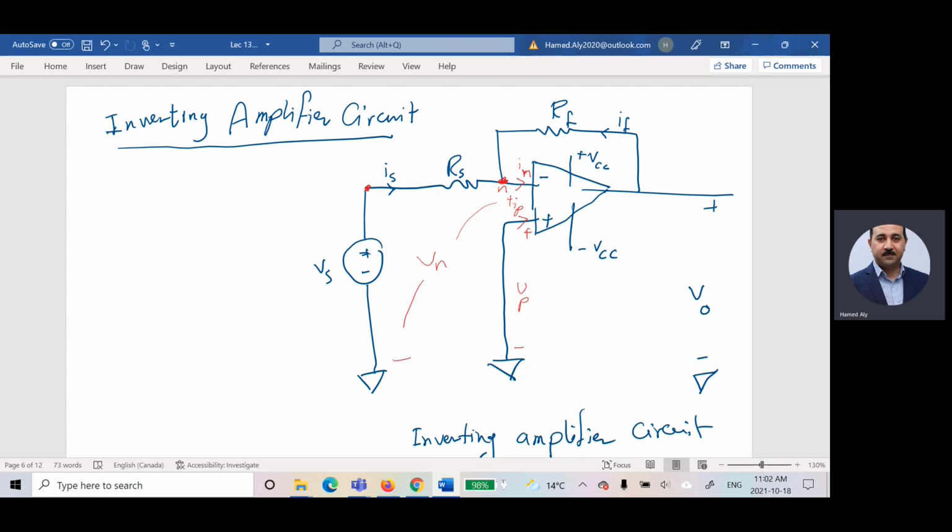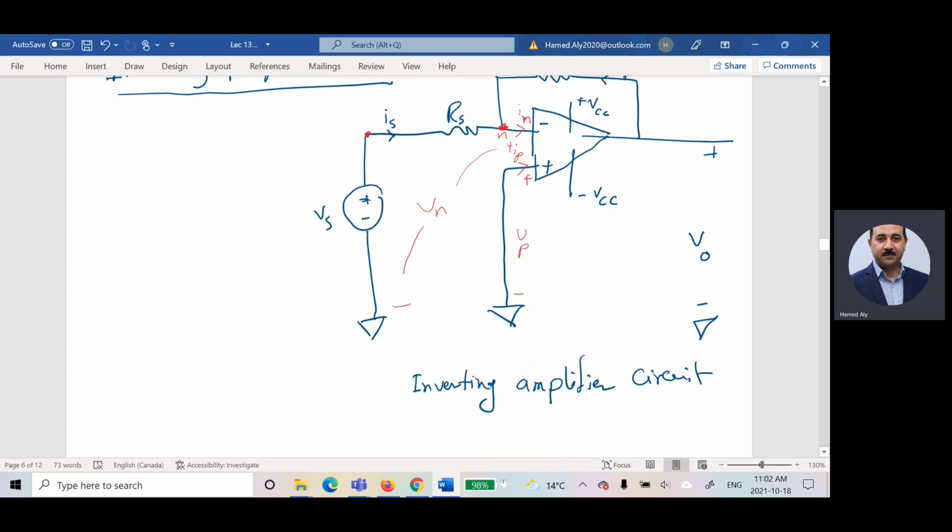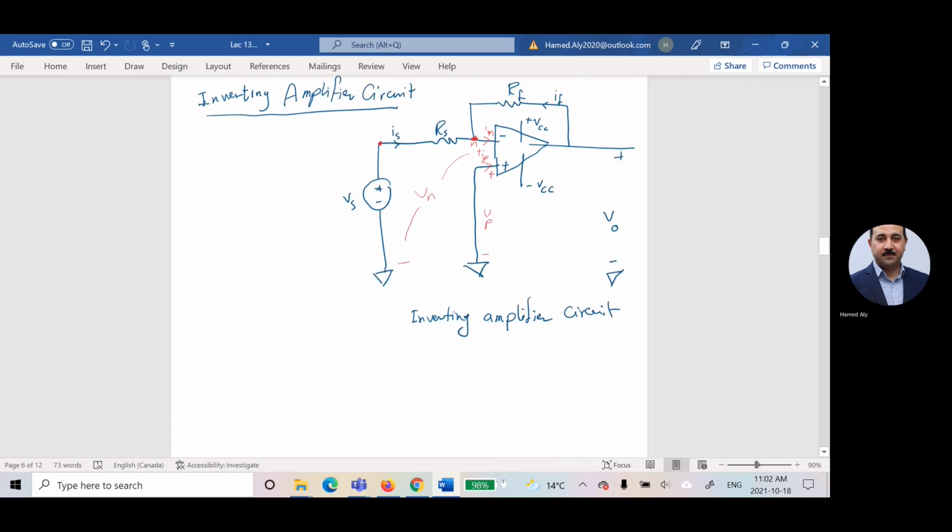What about the voltage for that node? It's equal to VS. I will repeat writing my equations again by saying VP is equal to VN and IP is equal to IN is equal to 0.